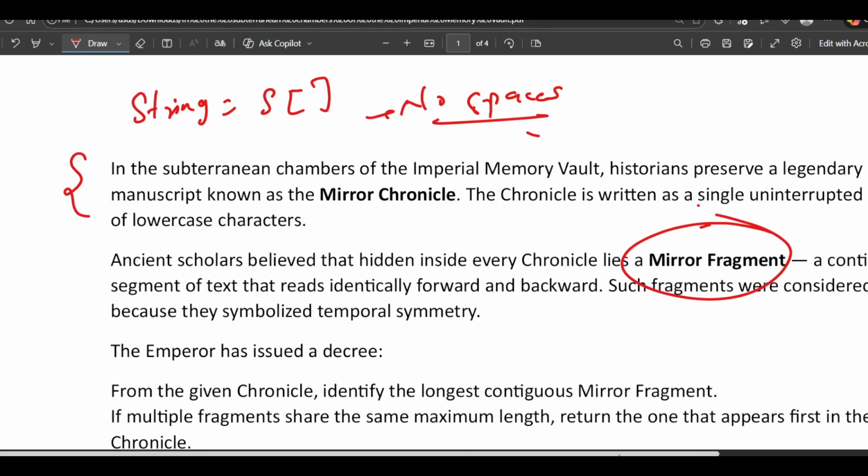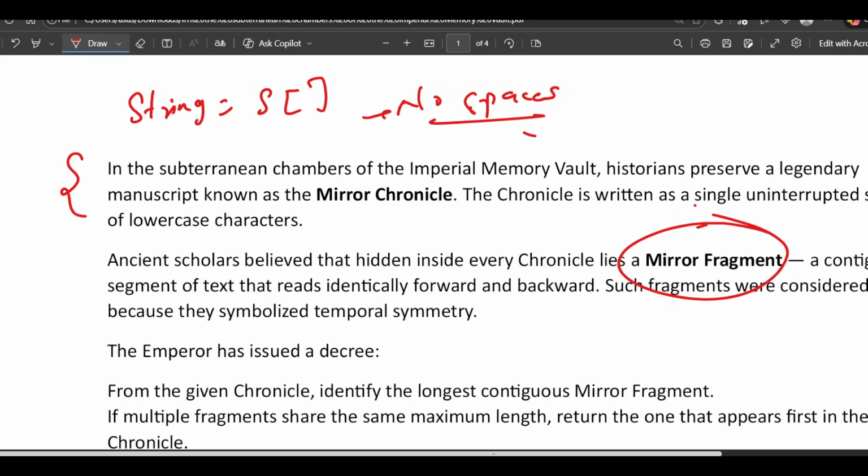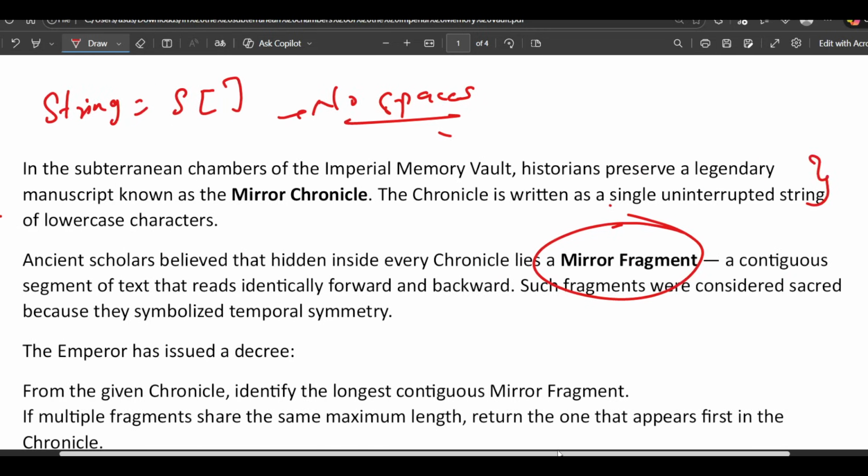So basically, there is some chronicle with a mirror fragment, a contiguous segment of text, suppose A, B, C, D, E, F, that reads identically forward and backward. Identically forward and backward means A, B, C and C, B, A. Such fragments were considered sacred.